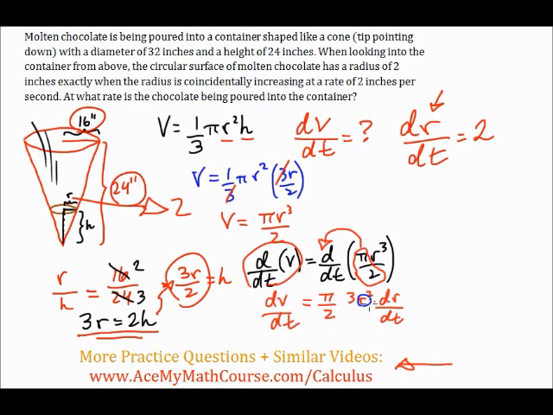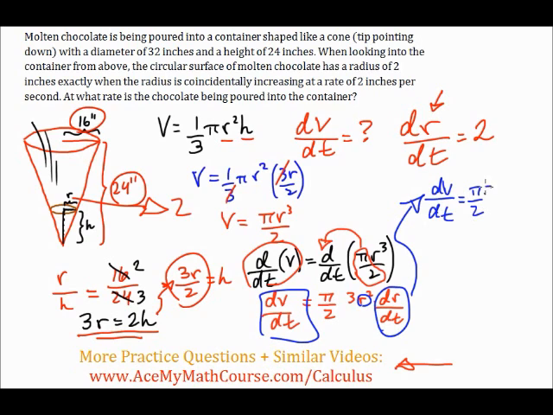We have r, we have dr/dt, and then we can find dV/dt. Great. So dV/dt is equal to pi over 2 times 3r squared. r is just 2, so 2 squared, times dr/dt, which is also 2. Look at that.